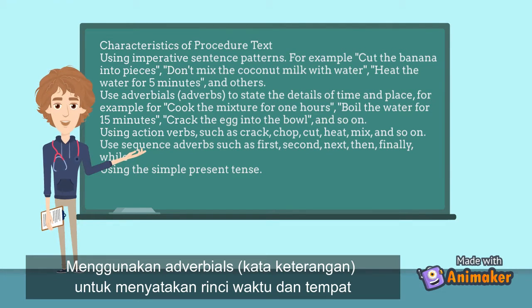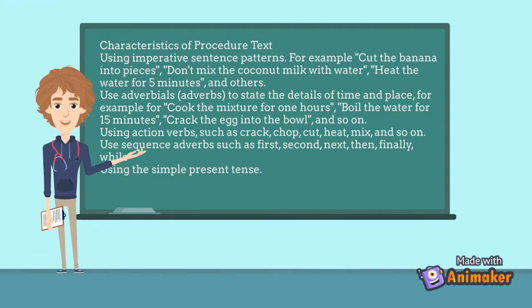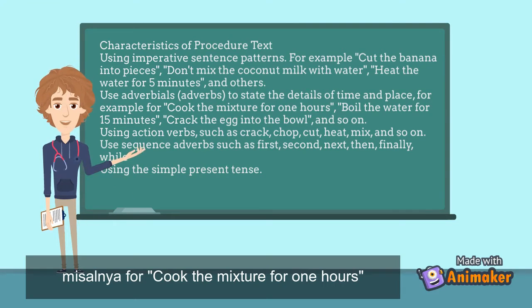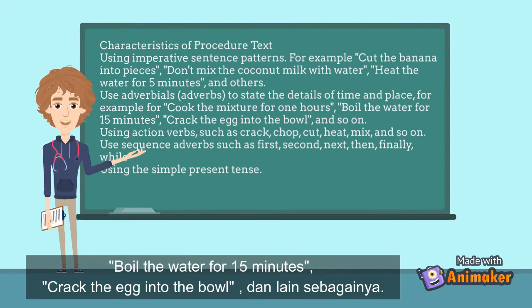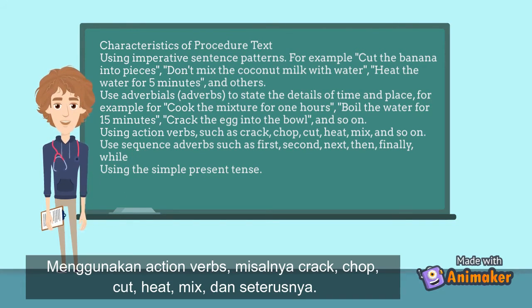Use adverbials, adverbs, to state the details of time and place. For example, cook the mixture for 1 hour. Boil the water for 15 minutes. Crack the egg into the bowl. And so on.